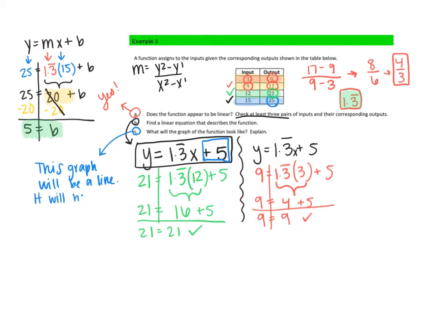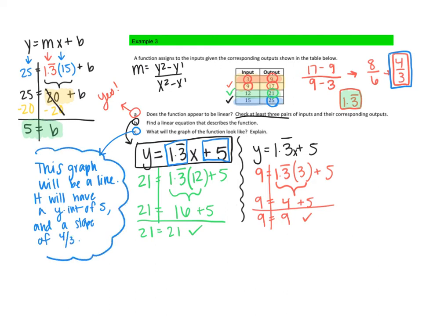It will have a y-intercept of 5, and the slope of, you could either put 1.3 repeating, or you could put that fraction we came up with earlier, 4 over 3. Okay, so that is me describing what this graph will look like. All right, let me know if you have any questions before we move to the next slide.